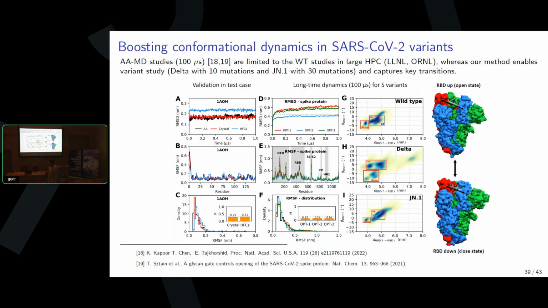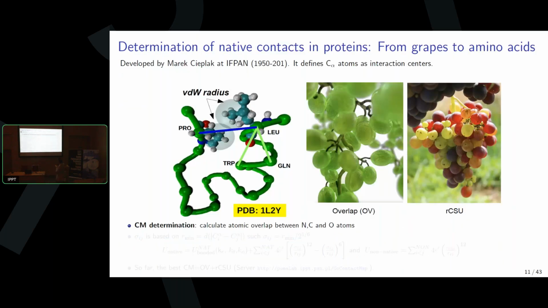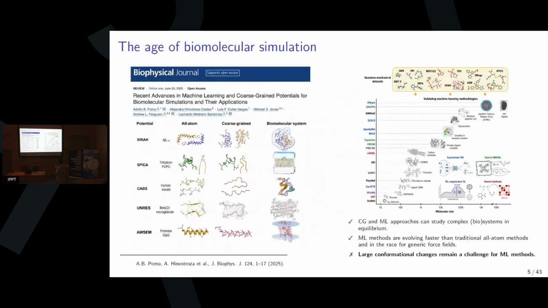Okay, so my question is whether in all atom simulations we take into account quantum mechanics or not? No, but that's a good question, because of the machine learning methods that I highlighted at the beginning. We are studying that.